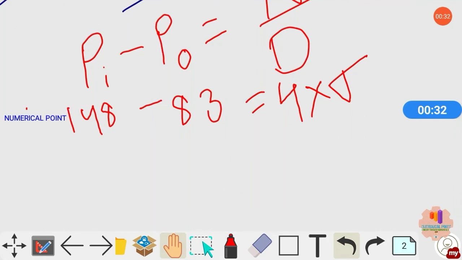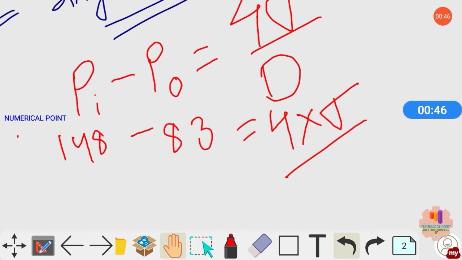Here we also need to understand that the diameter of the bubble will be equal to the diameter of the tube. So the diameter of the tube is 2.5 mm, that is written as 0.0025 meter.